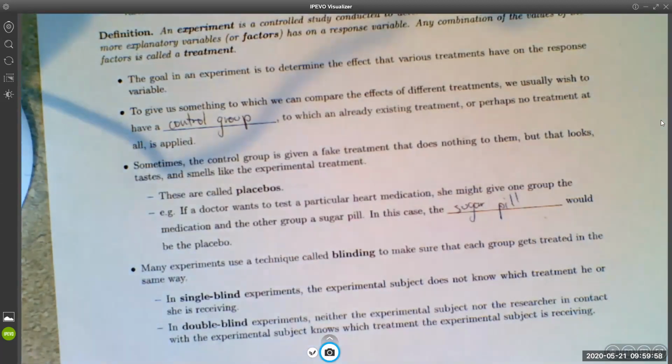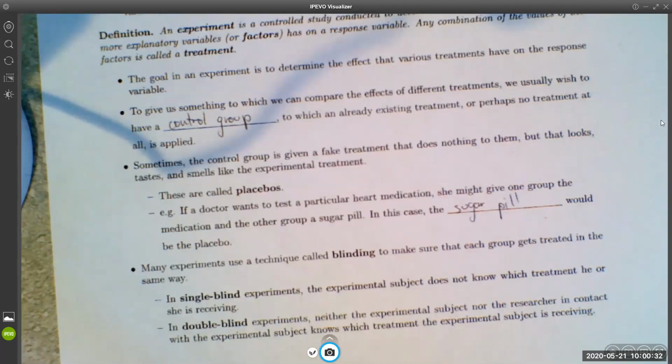Most likely the headache was just a figment of their imagination, or they would have gotten a headache whether or not they took that heart medication, right? Anyway, so that's why we give people placebos: to try to get rid of biases that creep in when people psychologically psych themselves out, knowing that they're receiving some kind of treatment.